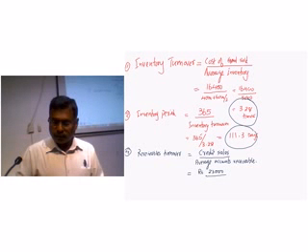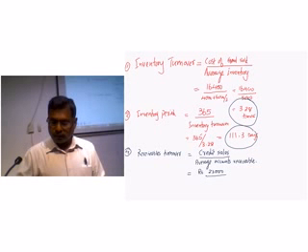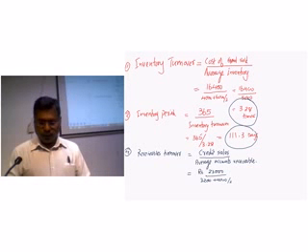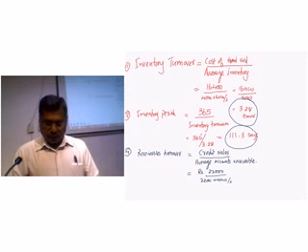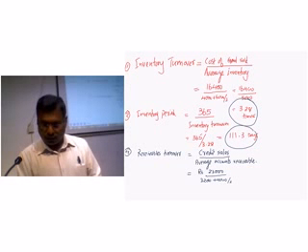We know that 3,200 plus 4,000, this one divided by 2.